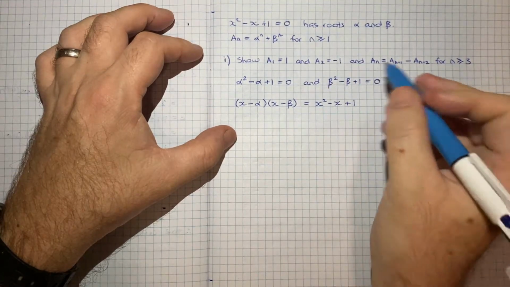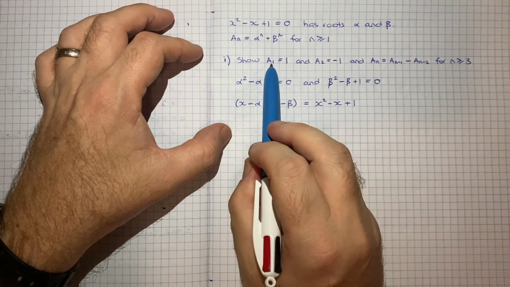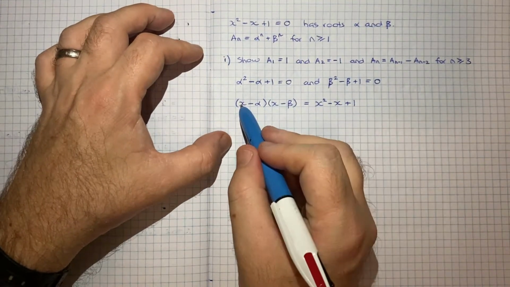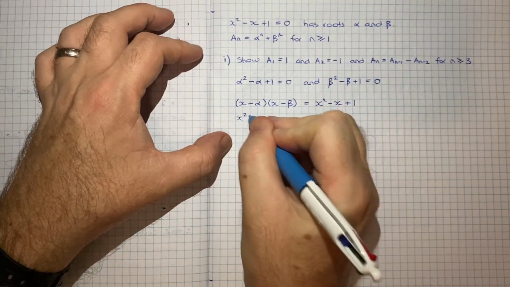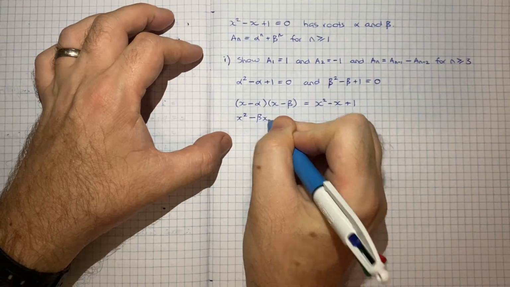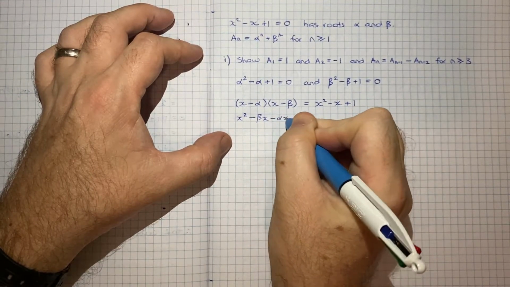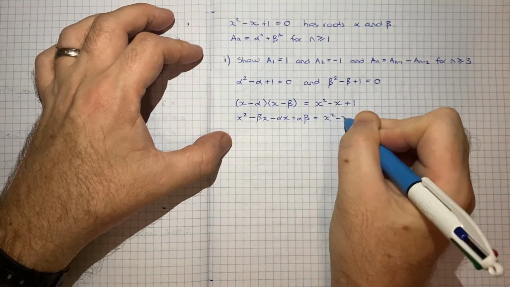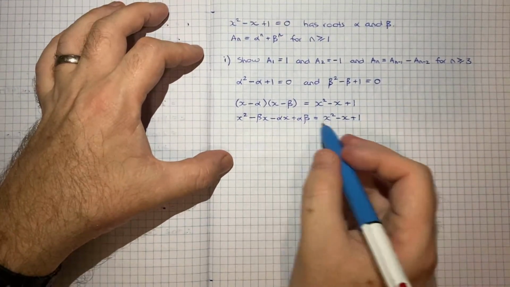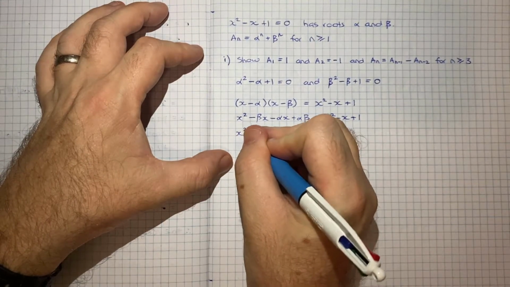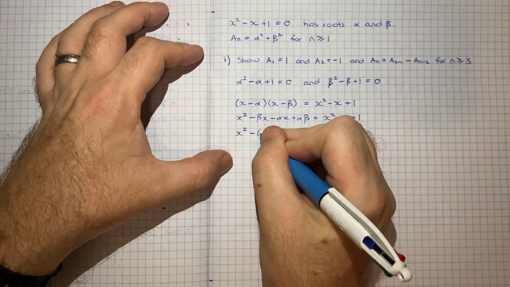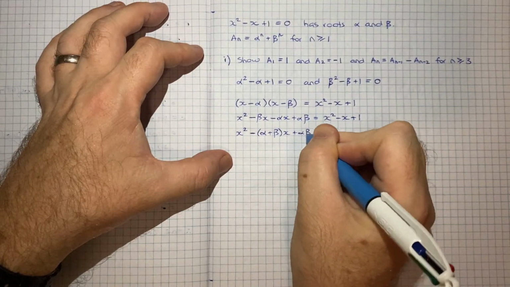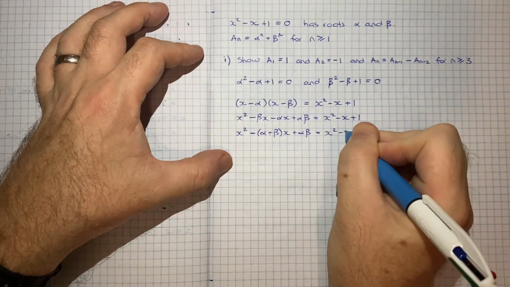Let's expand this left-hand side. We'll get x squared minus beta x minus alpha x plus alpha beta is equal to x squared minus x plus 1. If I clean this up a bit, we'll get x squared minus (alpha plus beta) x plus alpha beta is equal to x squared minus x plus 1.